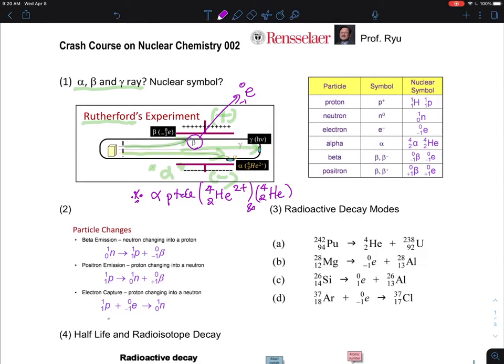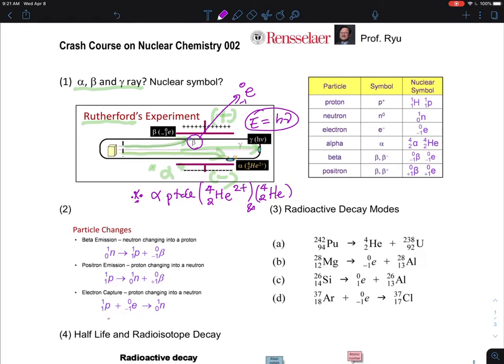And the gamma is nothing but, remember the h nu, electromagnetic wave? This is just light. Light goes through, and it does not have any charge. So it is just energy, which is a photon, and it is not bent by the electric field.